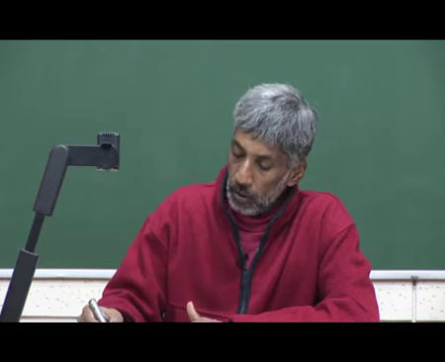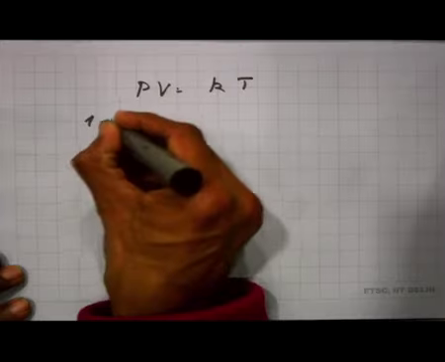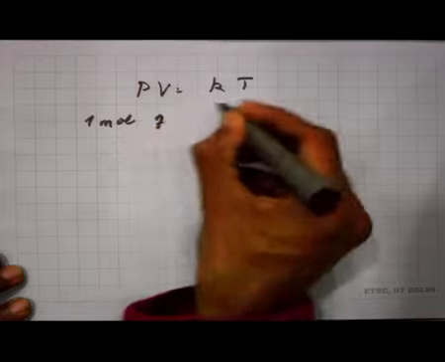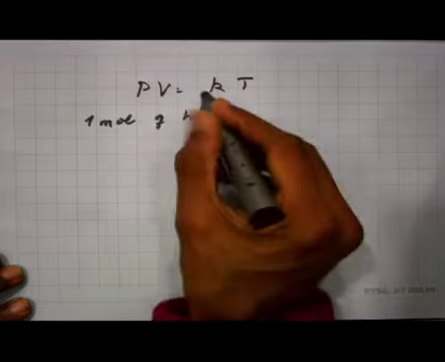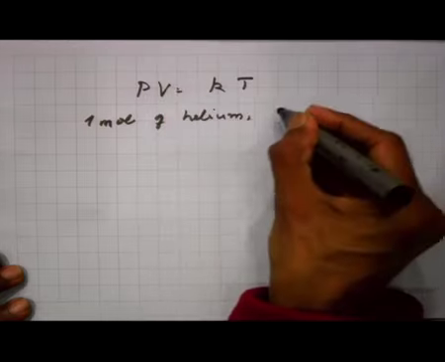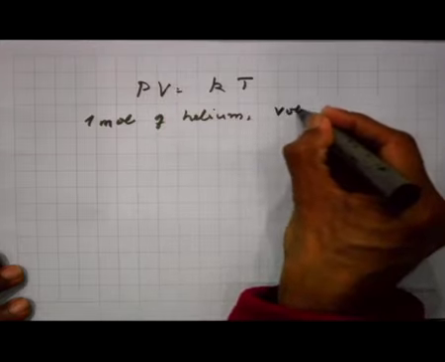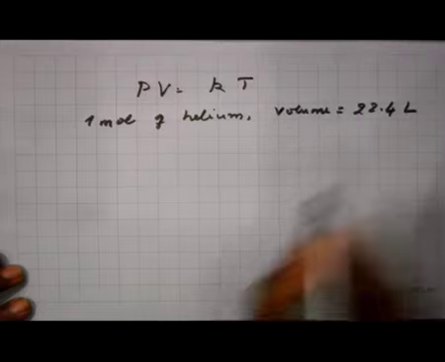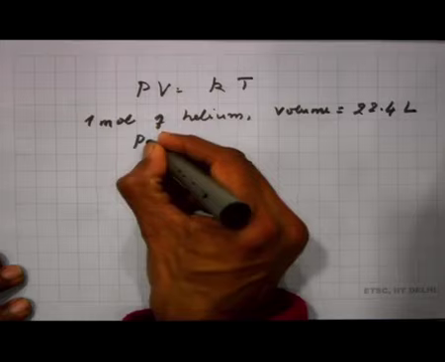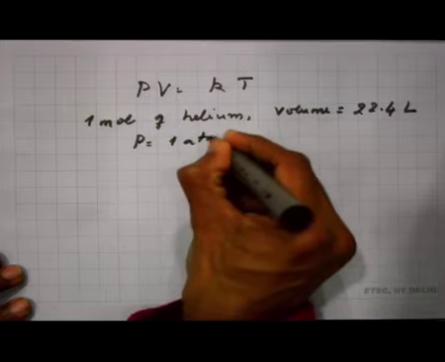We take 1 mole of helium, and we know it occupies a volume equal to 22.4 liters, and the pressure equals 1 atmosphere.